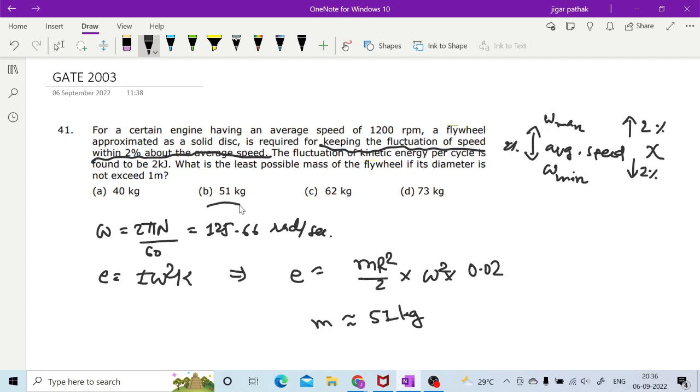You have to calculate this mass, right? E is given as 2 kilojoules, omega you have calculated, K is 0.02, and radius is known from the diameter given. As you have all the data with you, you can calculate the mass.